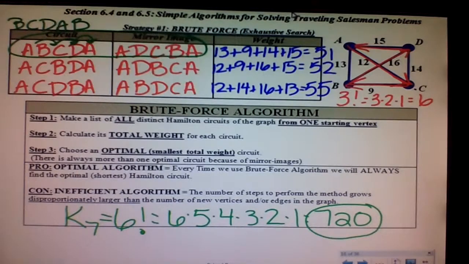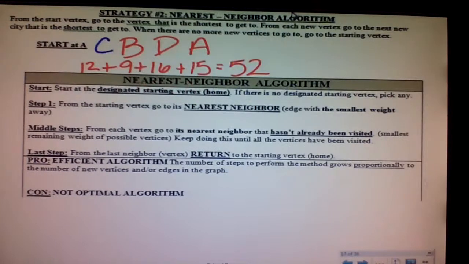What was my smallest one? Oh, 51. Did this give me 51? No, ma'am. So this is super easy, but the problem with this one is it's not optimal. It will not give you the smallest circuit, the fastest route. Sometimes it will, most times it won't.